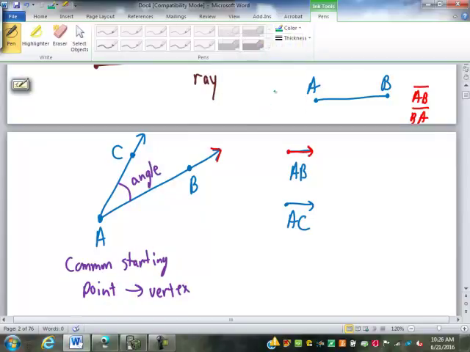Now most of you have probably seen angles and maybe even measured angles before. Technically, the size of an angle was defined by a difference in direction.